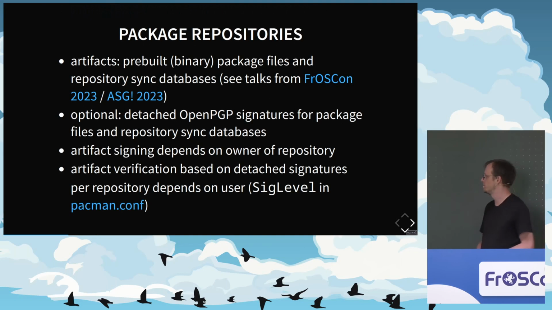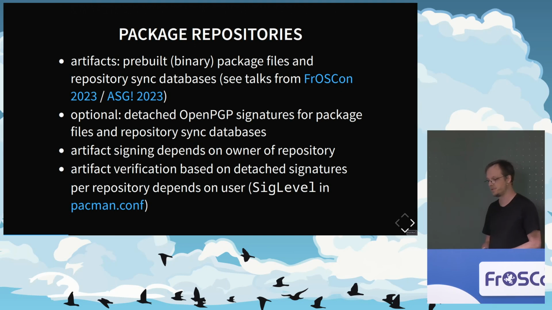And I guess, low level speaking, we need to understand what package repositories actually are. In a way, they're just a bunch of artifacts, pre-built packages. We have repository sync databases. If you want to know more about these concepts, I recommend checking out these 2 talks from last year that I did here at FrOSCon and also at All Systems Go.